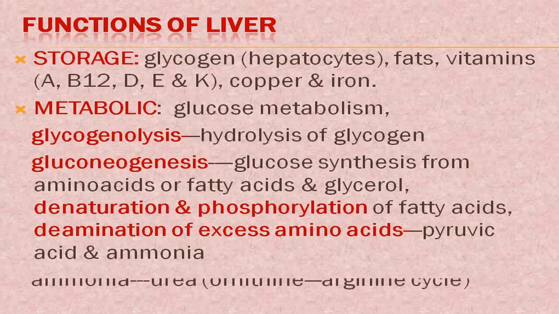And this ammonia is converted into urea by a cycle called the ornithine arginine cycle. Urea is a waste product which is then delivered to the kidney to be excreted out of the body.